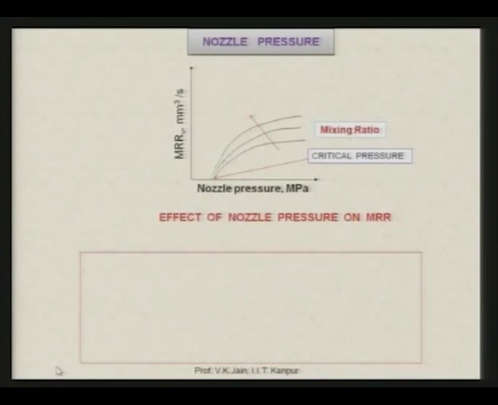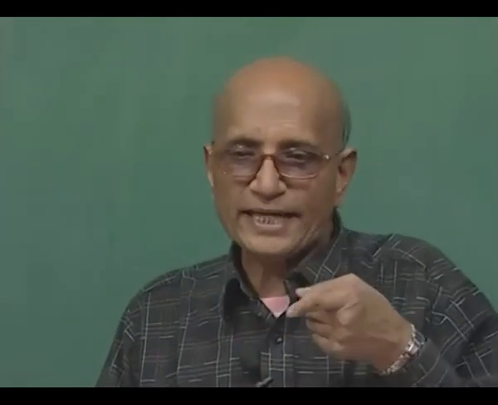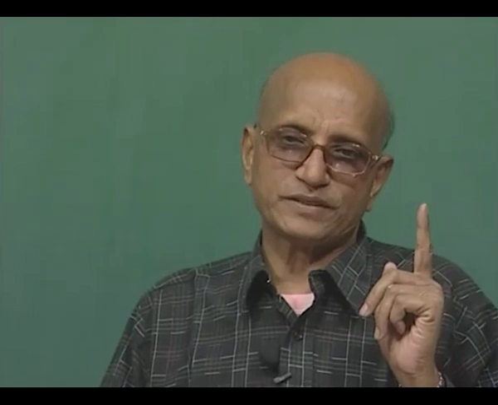Now, nozzle pressure. Nozzle pressure is another parameter which affects to some extent the volumetric material removal rate. An important point to note over here is the critical pressure. This is the minimum pressure which is needed for start of removal of material, because unless an abrasive particle has certain minimum kinetic energy, it cannot penetrate inside the workpiece surface.